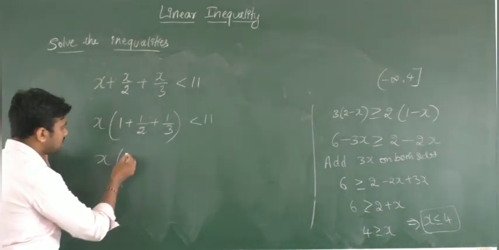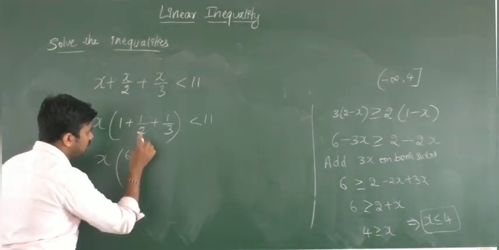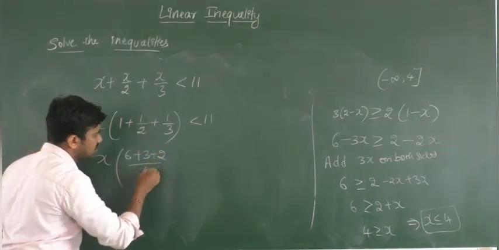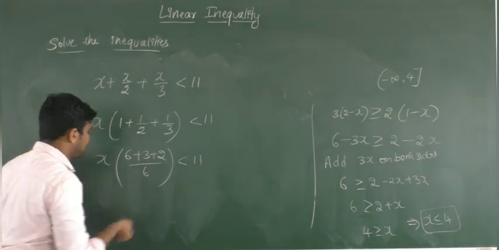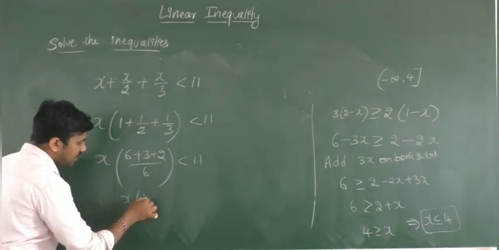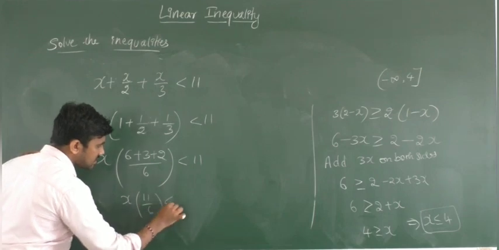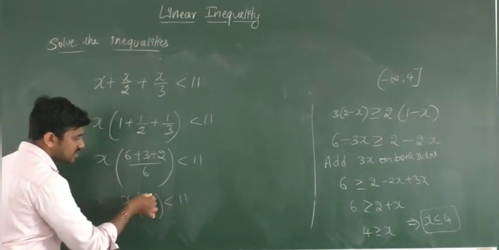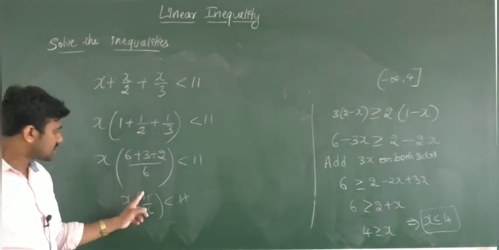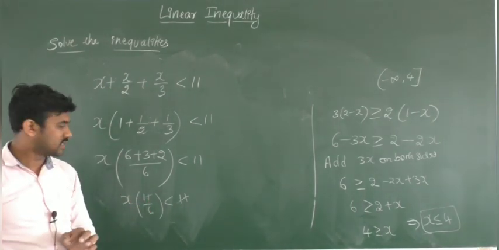We'll get x into 6 plus 3 plus 2 divided by 6, that is 11 by 6, less than 11. Since x is multiplied, you can cancel 11 on both sides.